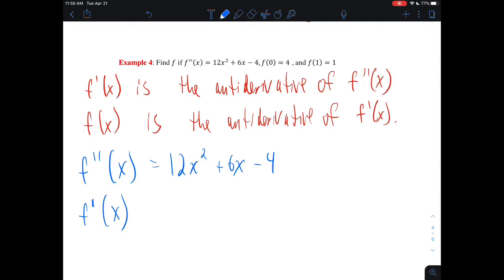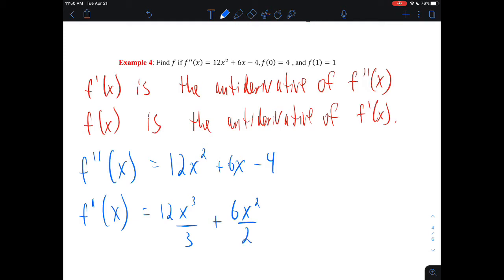I want to take x squared and increase the power, so that would be x to the 2 plus 1, which is 3, but then I need to divide by that new power, and then with 6 times x, that would be 6 times x to the second power, but then I have to divide by that power.